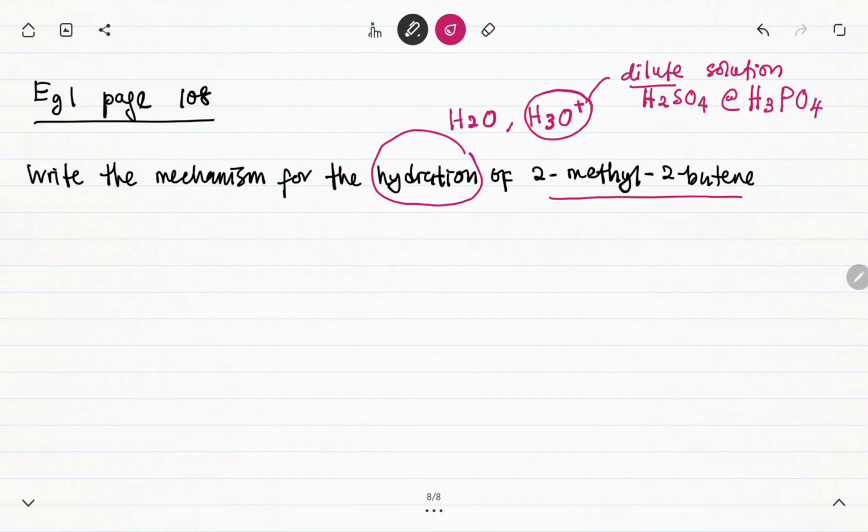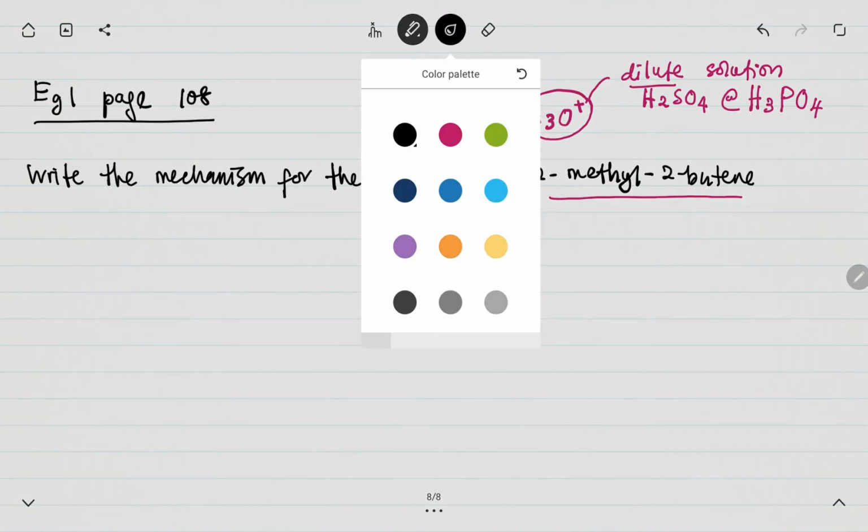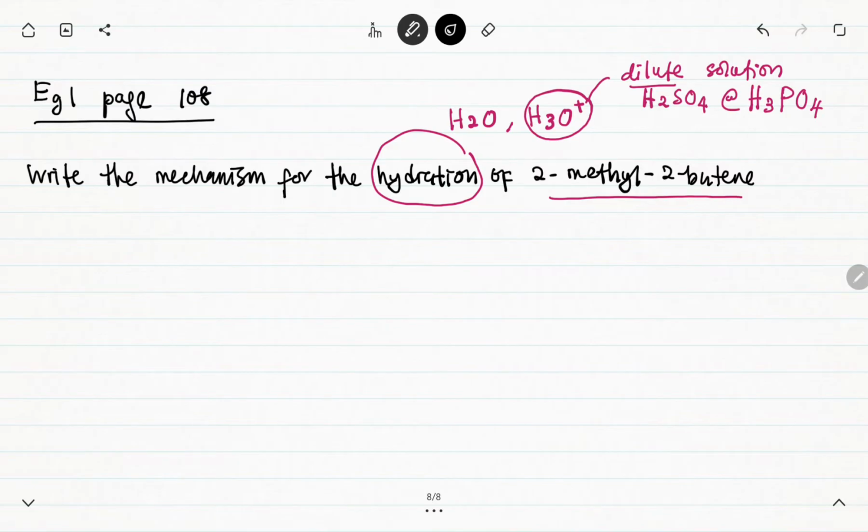Before we proceed to the mechanism, it is compulsory to write down the chemical equation to predict whether a major and a minor product can be formed or not. Starting from the nomenclature given, 2-methyl butene consists of 4 carbon atoms.